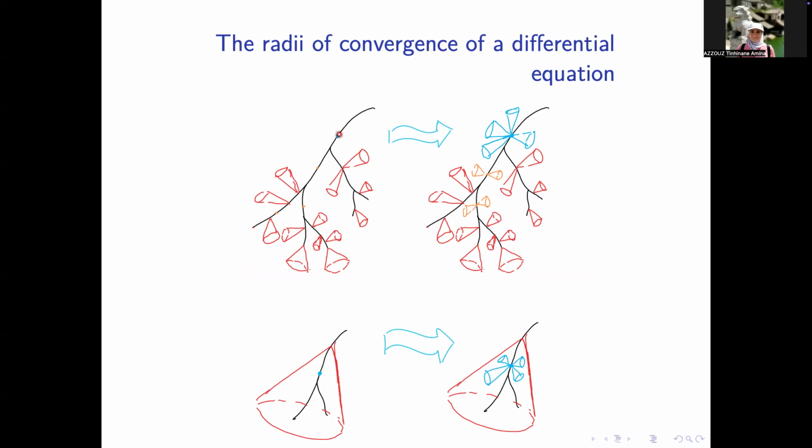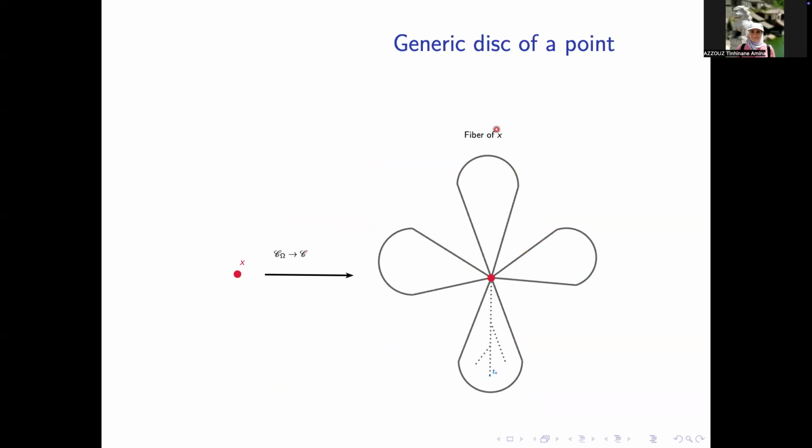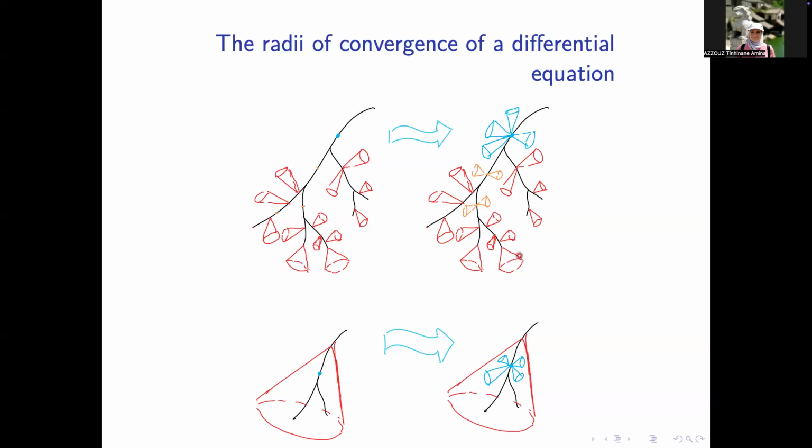There is the first situation where this point doesn't admit an open disk as a neighborhood, and there is the situation where my point admits a disk as a neighborhood. Then when I do an extension, I can consider my point on this disk, or there is a situation where this disk all belongs to the bigger disk.